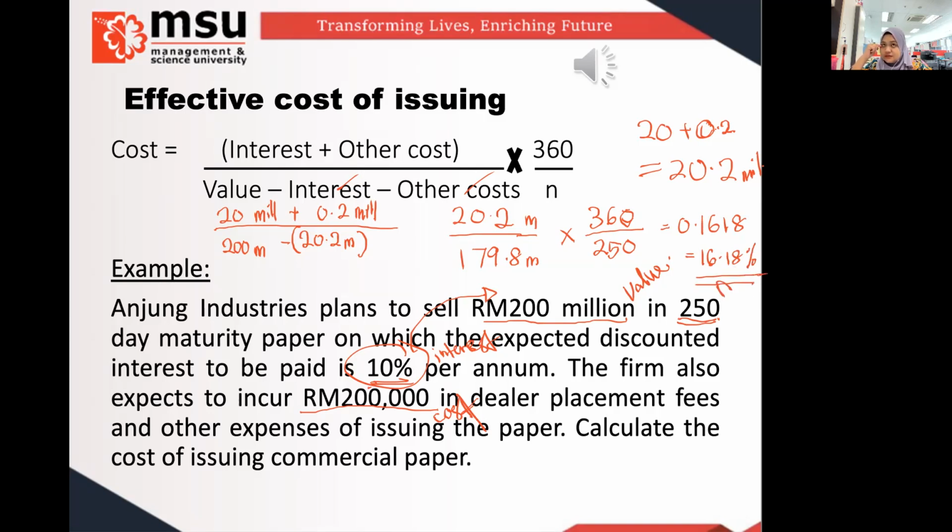You get it? Madam, the decimals must be there? Which decimals? The 16.18. If we just take 16%, we multiply by 100 and then we get 16.18%, because we want the answer in percentage.